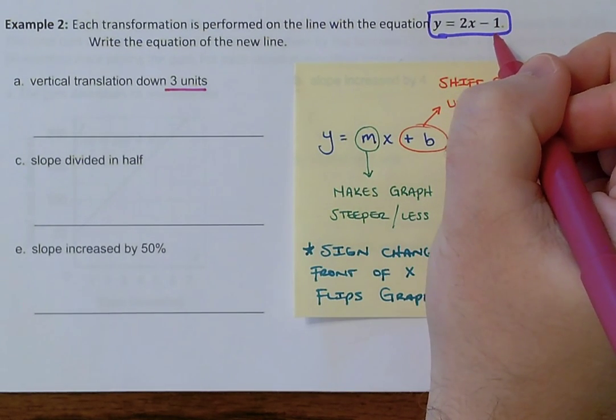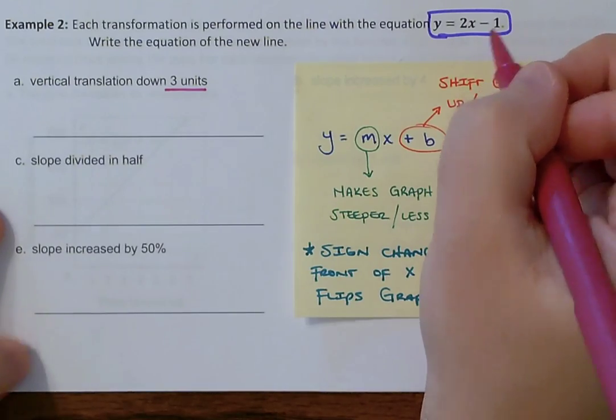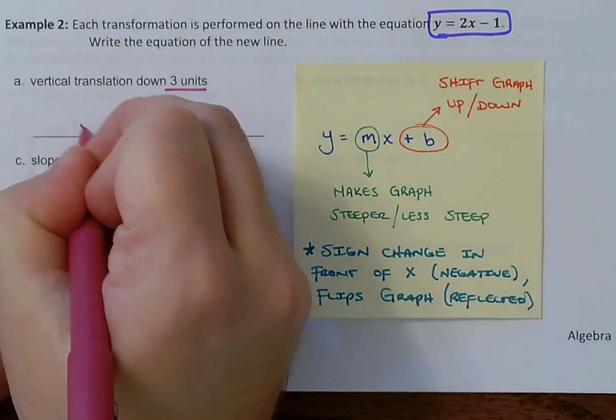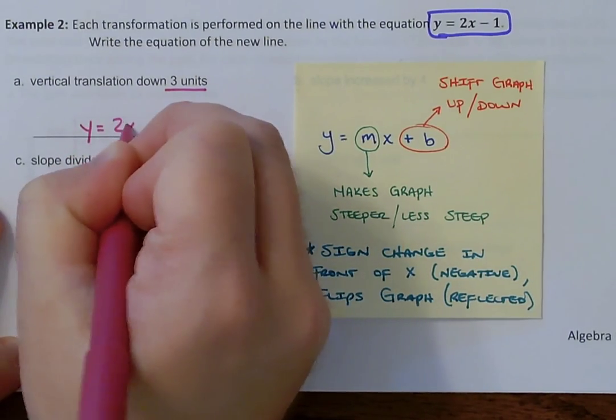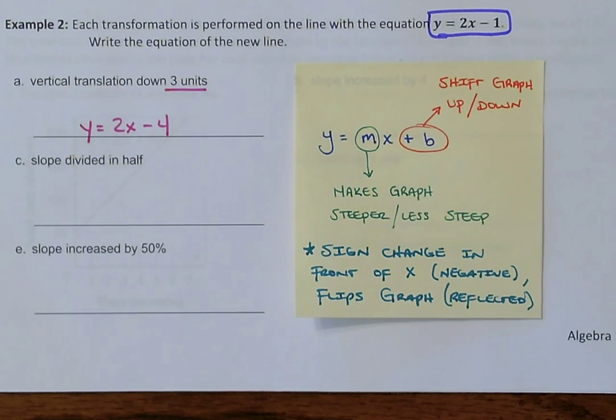So negative 1 goes to negative 2, negative 3, negative 4. So that means instead of minus 1, this is going to be minus 4. So this becomes y equals 2x minus 4, because I shifted my graph down 3 units. So I took that negative 1 and I went down 3 units.